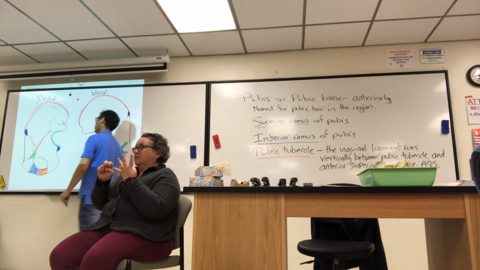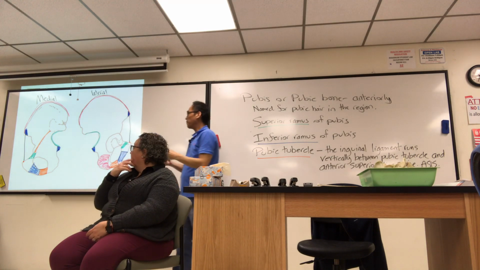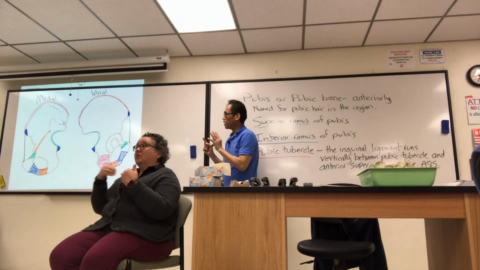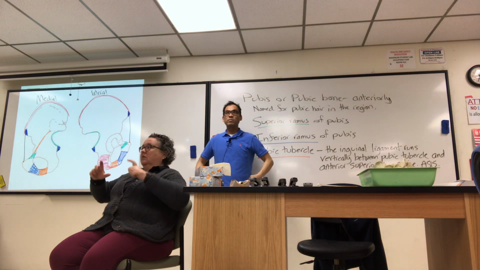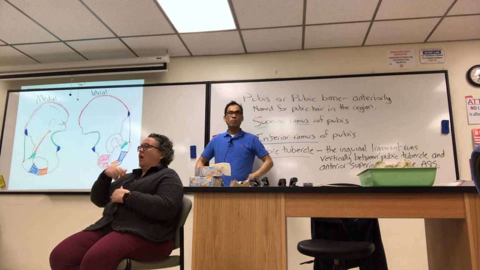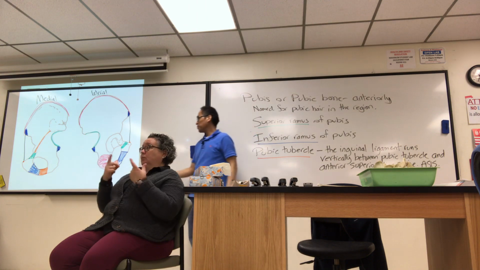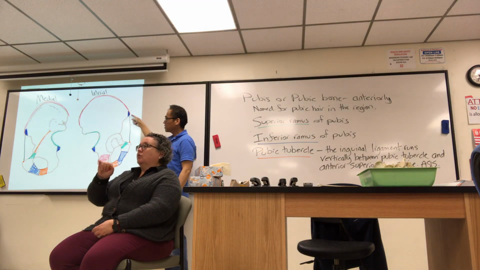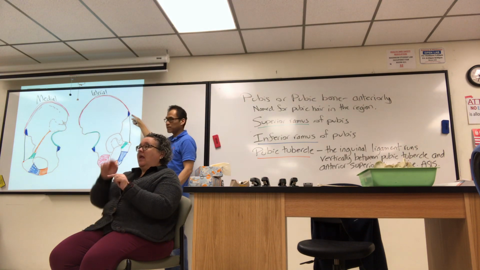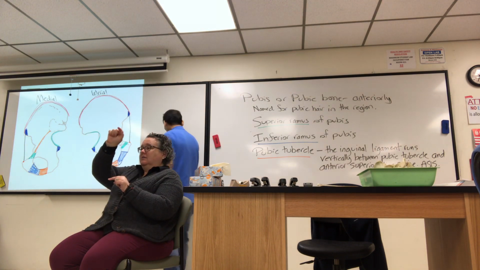So when you have a hip bone at the desk, if you want to put it in the anatomical position, standing straight up, how would the hip bones be placed when you're standing erect? What you got to do is put pubic tubercle and ASIS in the same vertical plane, and that represents the anatomical position.